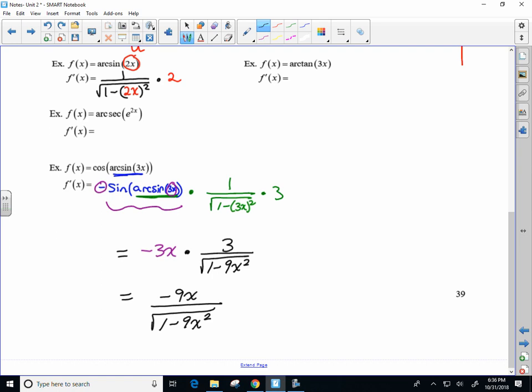Actually, I would even use 1 minus 9x squared. It would clean up pretty nicely into an algebraic expression, but that algebraic expression would be equivalent to this. So this is a trigonometric representation of something that's algebraic. It's actually a radical function, a conic section specifically.